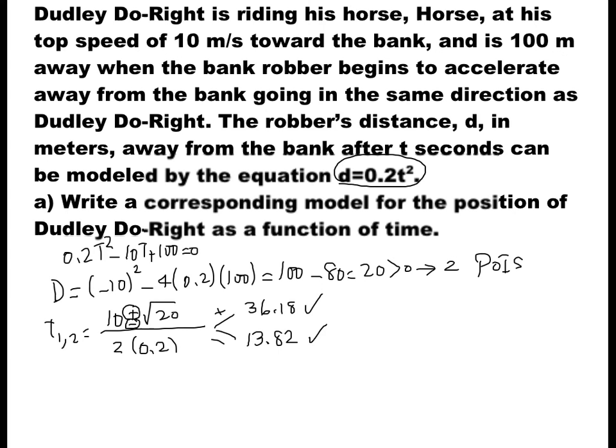If he misses the robber after 13.82, he is going to see him again after 36.18 seconds, because the robber's distance away from the bank increases quadratically based on this equation, and Dudley Do-Right's distance getting closer to the bank is based on the linear equation which we gave previously.